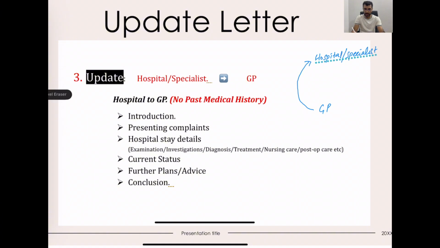So that will be a referral letter. During referral, the GP asks the specialist or the reader in the hospital to update him or her regarding the patient's condition. So this update letter is in response to that referral letter. The specialist or hospital updates the GP about the patient's current situation, but the patient will not be discharged.